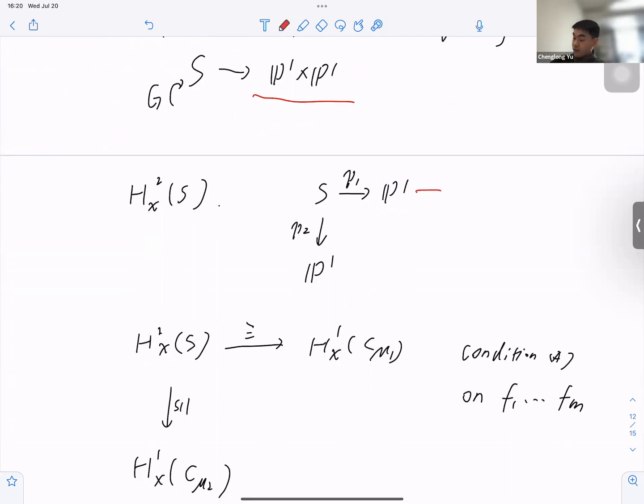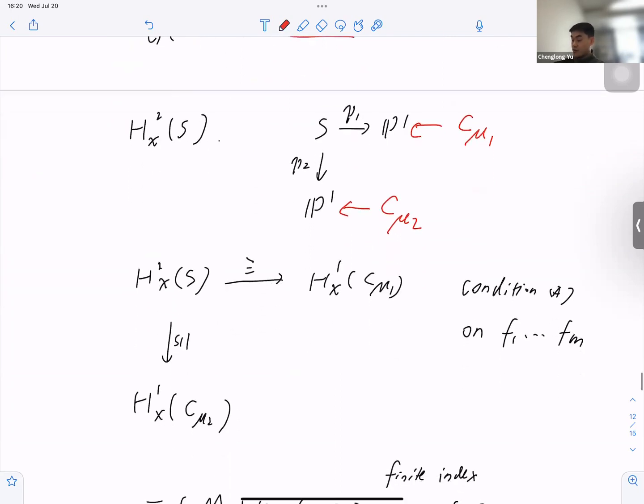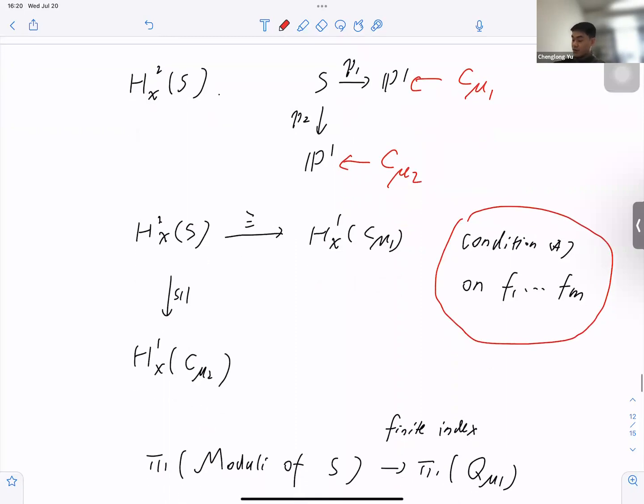So we have some curve C_mu1 and C_mu2 to P1, and we can relate this cohomology of the surface to the cohomology of these curves by the projection. And there are some conditions, of course, such that we can relate this.